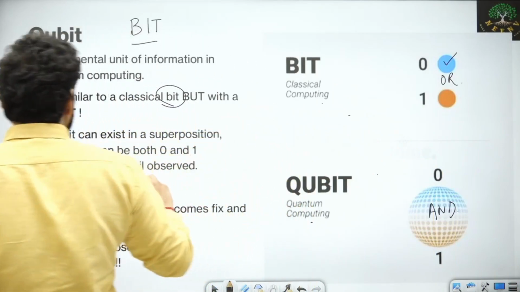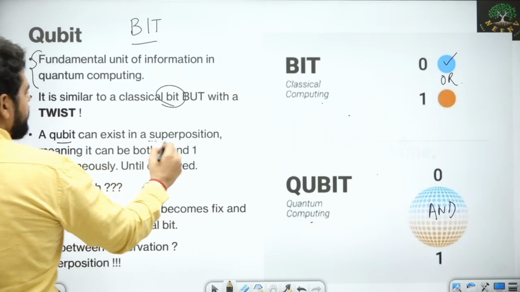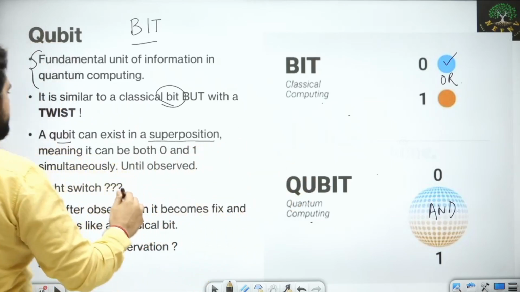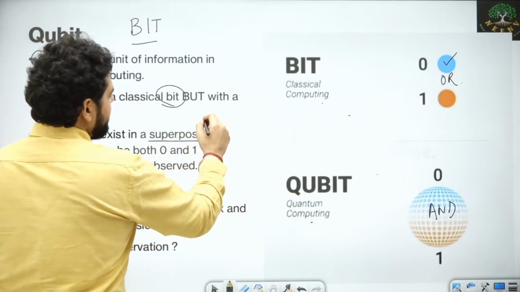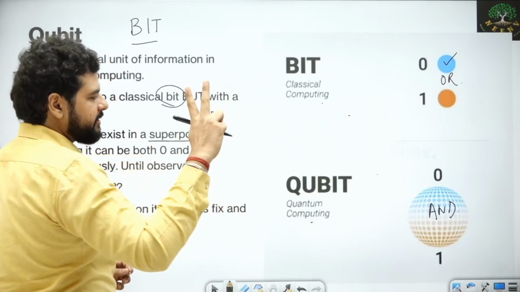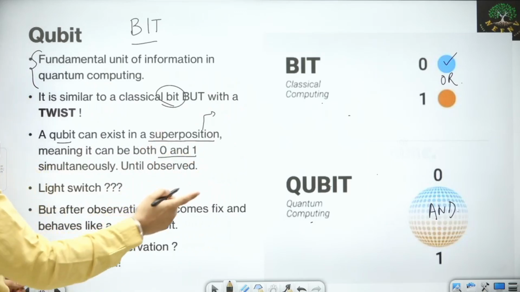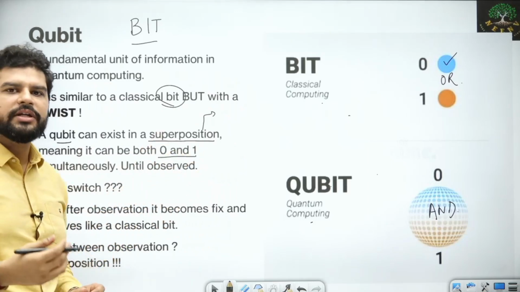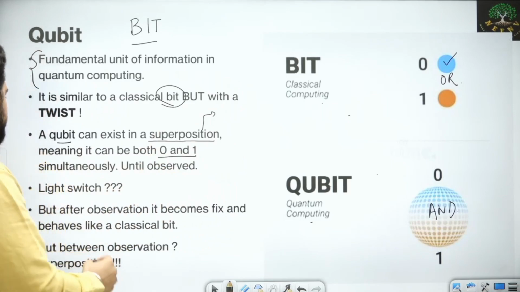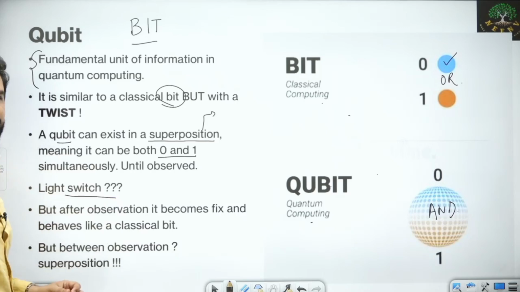We'll have another diagram. So a qubit can exist in a superposition. We'll see what superposition is. Superposition basically means it can have two states. That means it can be 0 and 1 simultaneously until observed. I've told you that observation breaks the quantum state. So think of the light switch.